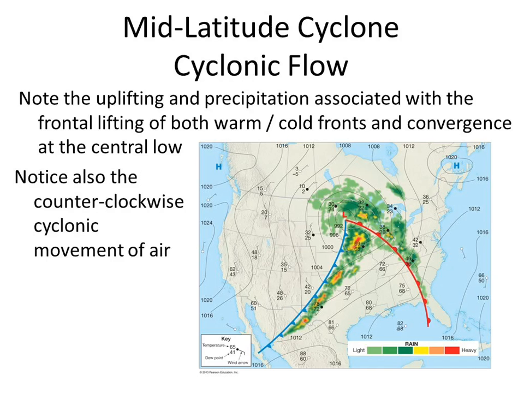So, mid-latitude cyclone. Cyclonic flow in the northern hemisphere is counterclockwise. I think I might have mentioned this before: whatever hemisphere you're in, cyclonic flow is the same direction as the Earth is rotating on its axis. In the northern hemisphere, Earth is rotating counterclockwise.